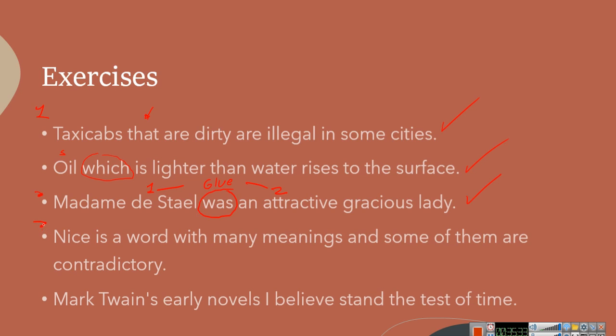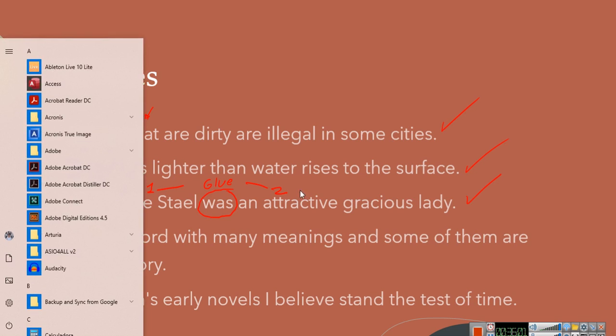How about this one? Nice is a word with many meanings and some of them are contradictory. Where do we need the comma right there? Teacher, the question is for the other classmate? No, do it you, Juliet.